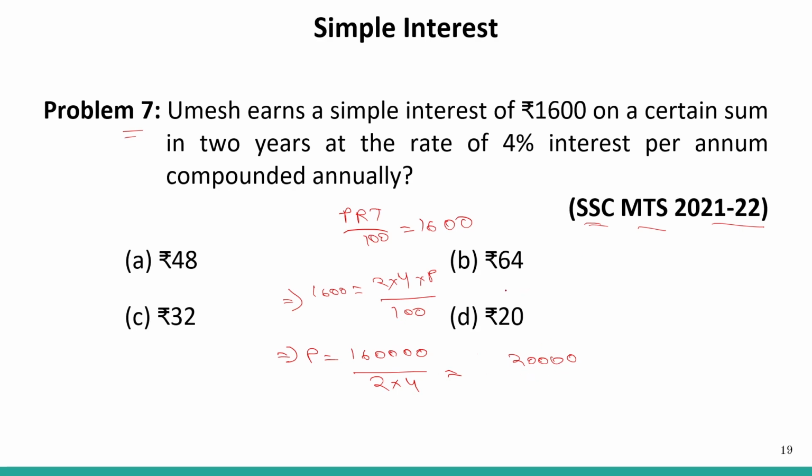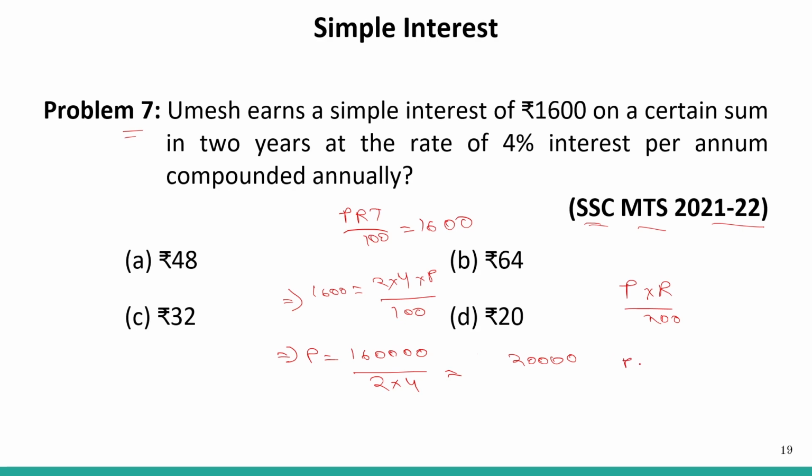So what we are asked here is, per annum, how much the compound interest will be. Let the principal amount be P, for 2 years. The difference between compound and simple interest will be P into R by 200, right?